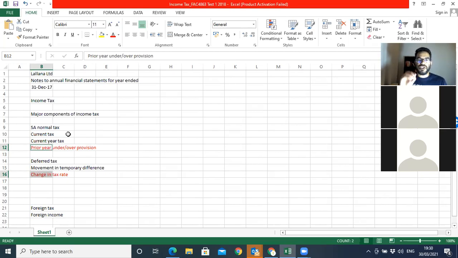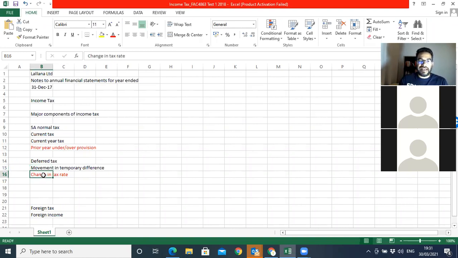Under current tax, we show the current year's tax, and we show a prior year under or over provision. Under deferred tax, we show the movement in temporary difference. The correct term is origination or reversal, but movement is fine.